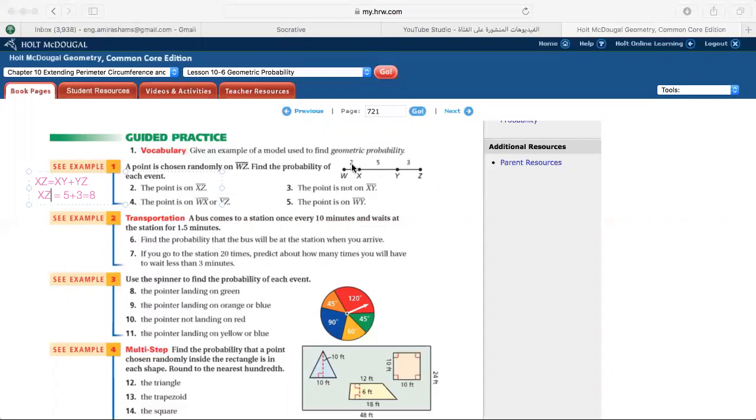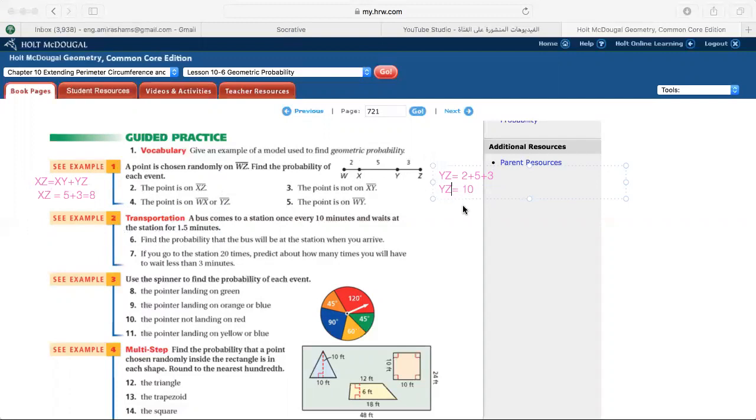WZ is equal to 2 plus 5 plus 3, which is equal to 10.